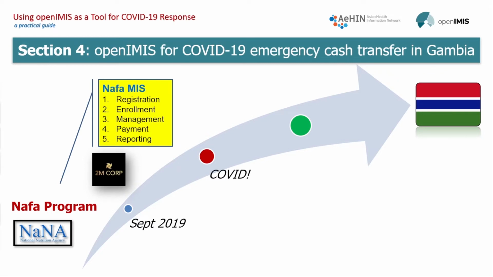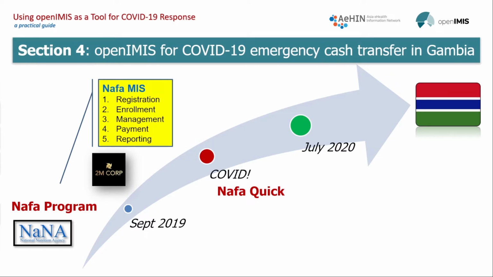The NAFA project had to be expanded with a 4-month sub-project called the NAFA Quick. This quasi-universal cash transfer scheme aimed to address the economic impact of lost jobs and income and stay-home orders in an expedited manner, targeting July of 2020, which left 2M Corp only about 4 weeks to develop the necessary MIS.